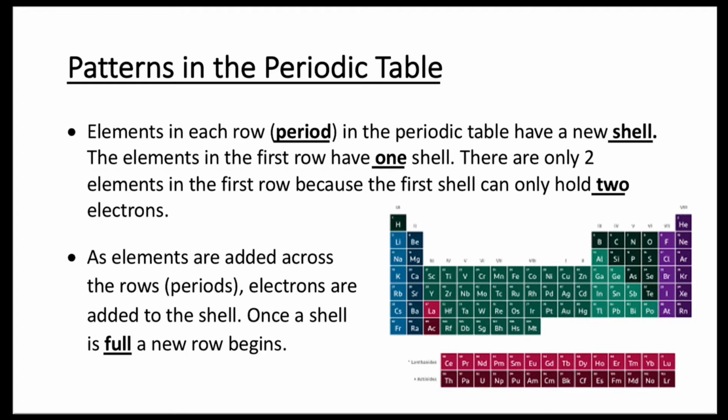There are only two elements in the first row because the first shell can only hold 2 electrons. So hydrogen has 1 electron, helium has 2 electrons. As elements are added across these rows, also known as periods, electrons are added to the shells. Once a shell is full, a new row begins.